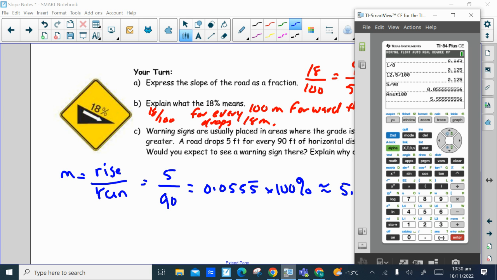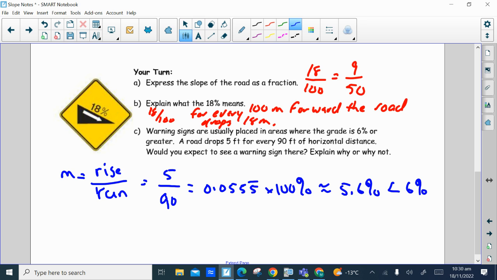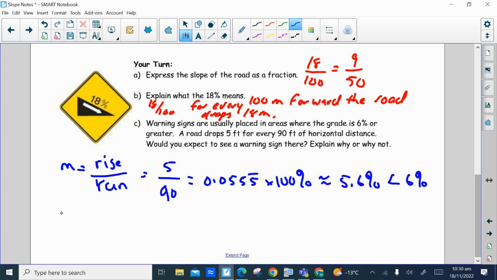So the reason it does that is because the calculator has only room for so many digits, so it rounds off the last one. So that's why that 6 is there, because it rounded off the last 5 to a 6, because the digit after the last 5 is also a 5. So in this case here, no warning sign is required.